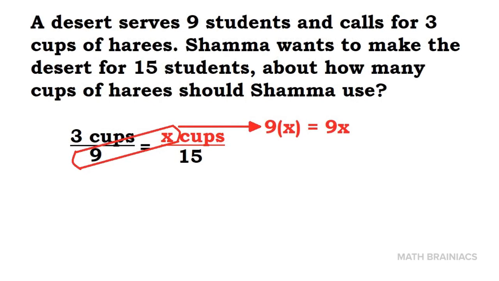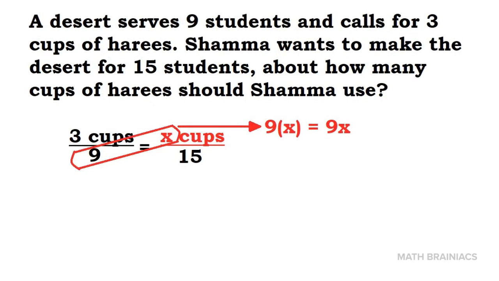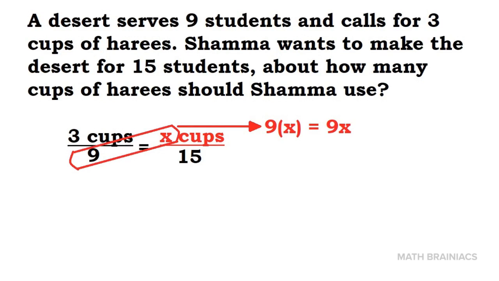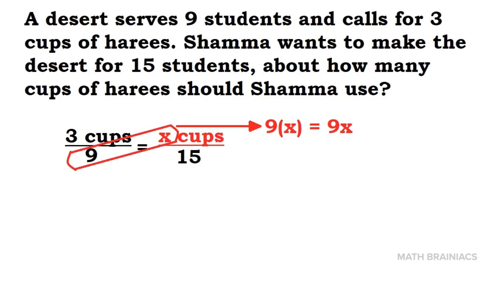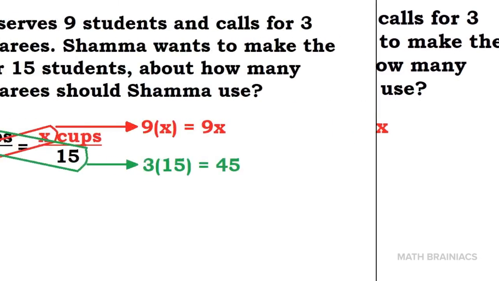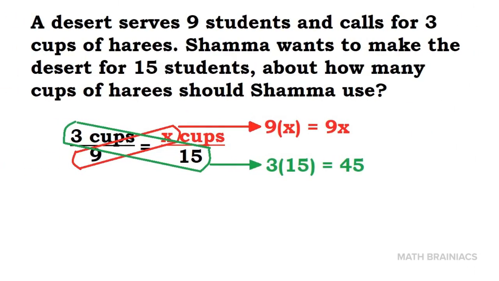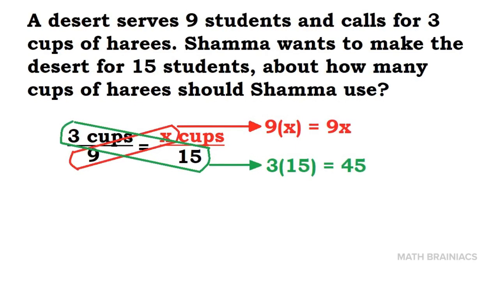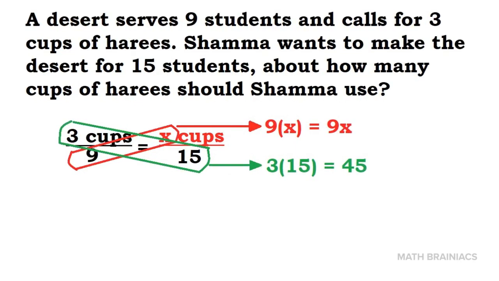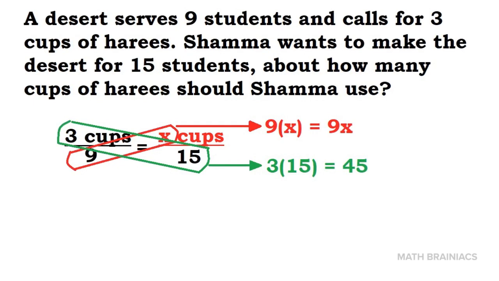Applying the cross multiplication of the denominator of the first fraction with the numerator of the second fraction will give us 9 times x, which is equal to 9x. Thereupon, we can multiply also the numerator of the first fraction with the denominator of the second fraction, which is 3 times 15, which will give us 45.